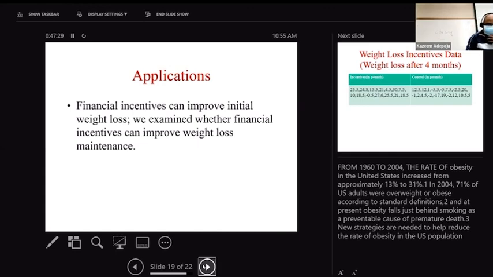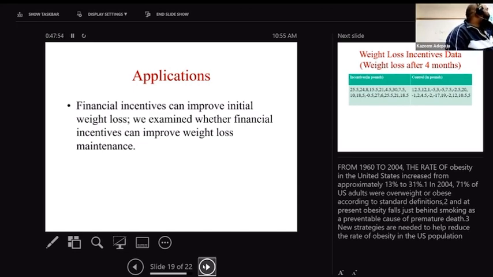And because of that, we want to look at the effect of financial incentives, how financial incentives can improve initial weight loss. Okay, maybe when you decide to give people money, that will help in improving weight loss.